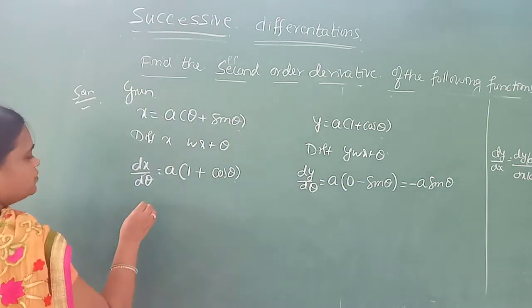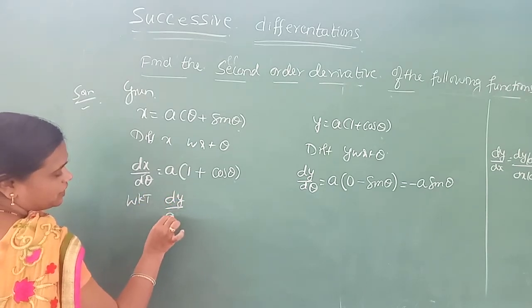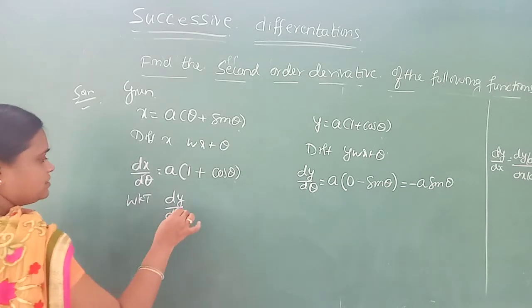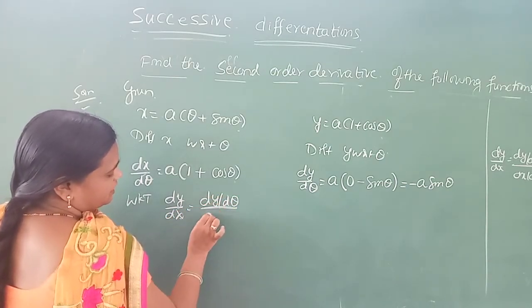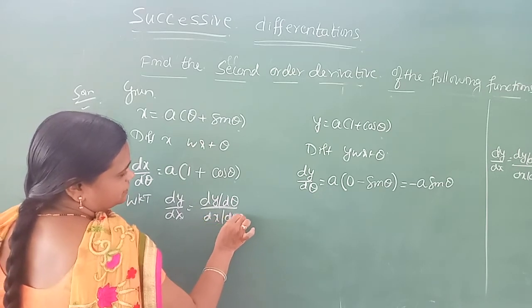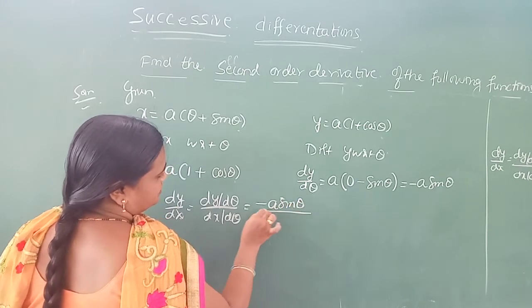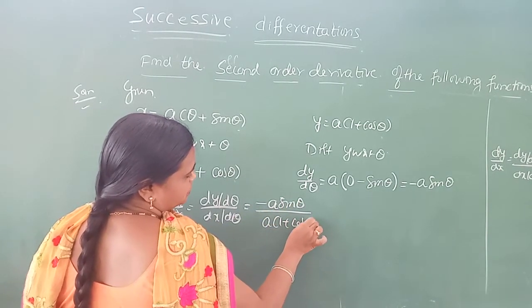Next, we have to calculate dy by dx. dy by dx is dy by d theta divided by dx by d theta. That is minus a sin theta divided by a into 1 plus cos theta.